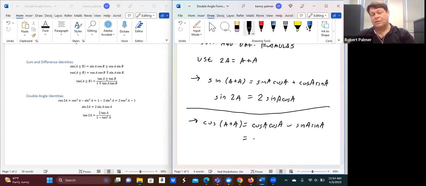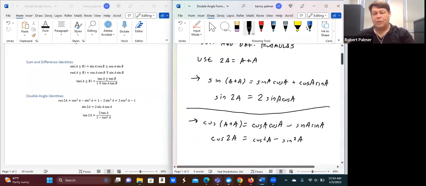That is cosine squared of a minus sine squared of a, and that is the cosine of 2a.